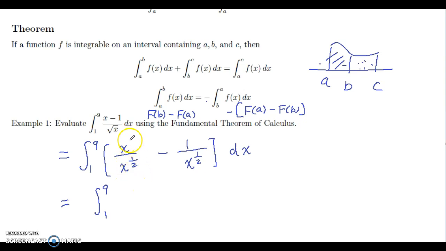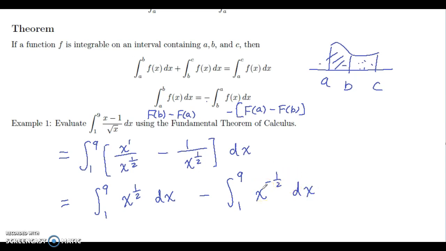So we subtract the exponent, so x to the first power divided by x to the 1/2 is just x to the 1/2 power dx. Then we subtract the integral from 1 to 9 of 1 over x to the 1/2 power, which is the same as x to the negative 1/2 power dx.